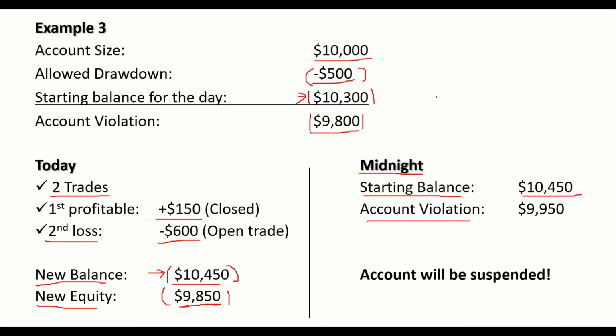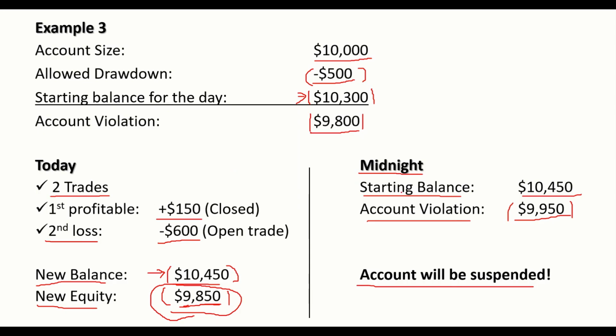So if we do that, starting balance minus the allowed drawdown, then we get the value of 9,950. So this value here is actually higher than our current equity. So you'll find that in this scenario, our account will be suspended.